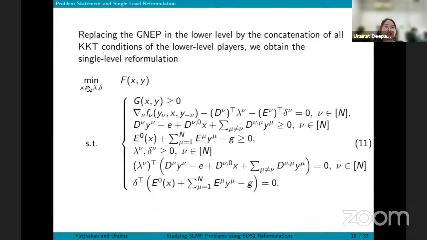So we write the form: minimize the cost function of the leader, such that g(x,y) is the constraint of the leader, and the remaining equations are obtained from the follower problems using the KKT conditions.